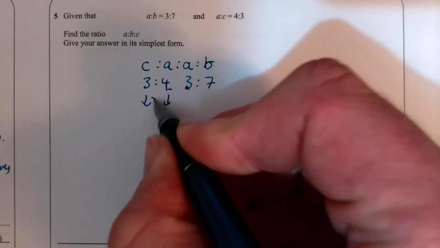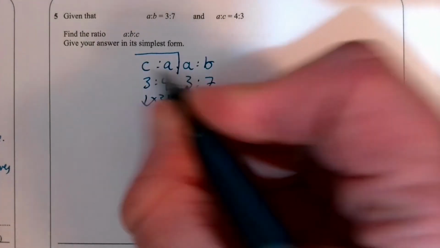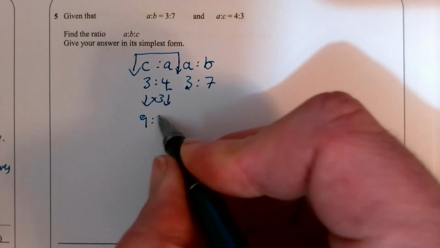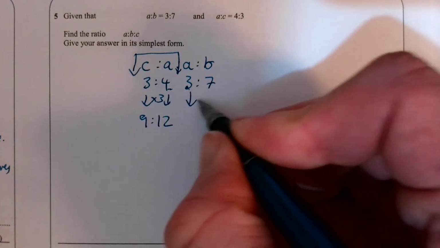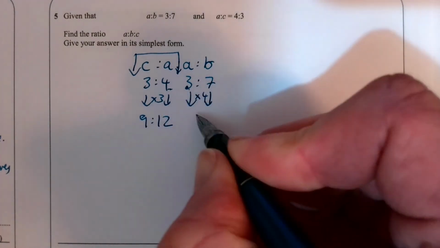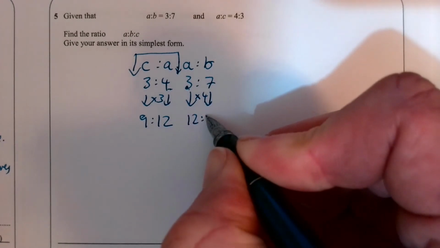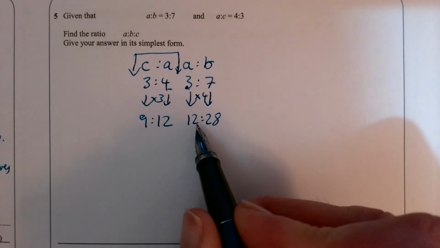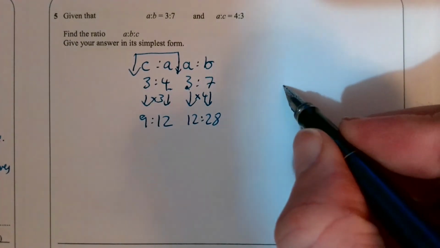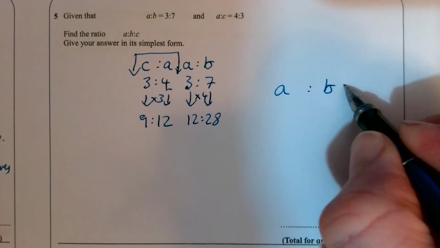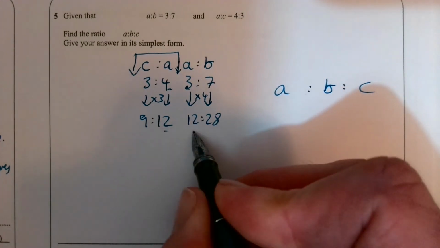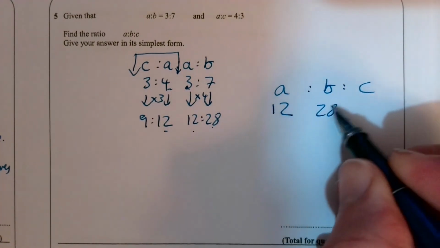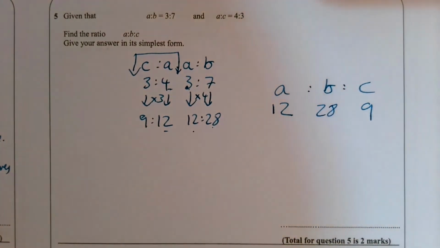So I'm going to multiply this part here by 3 to get me 9 to 12, and this part here, both sides by 4 to get me 12 to 28. So now my A's are the same, and I can say A to B to C. A is going to be 12, B is going to be 28, and C is going to be 9.